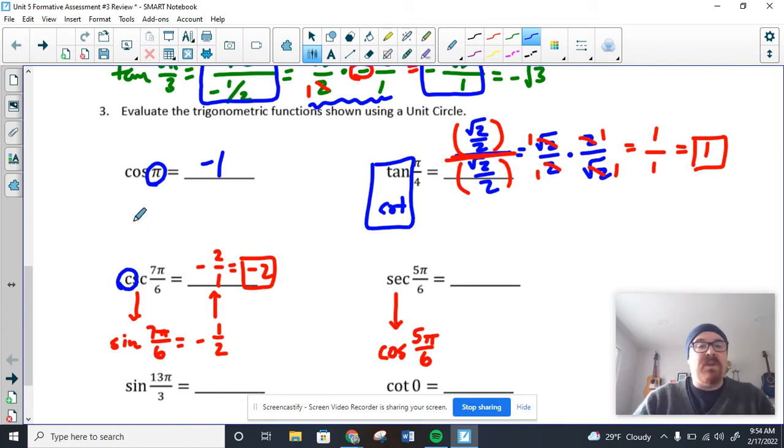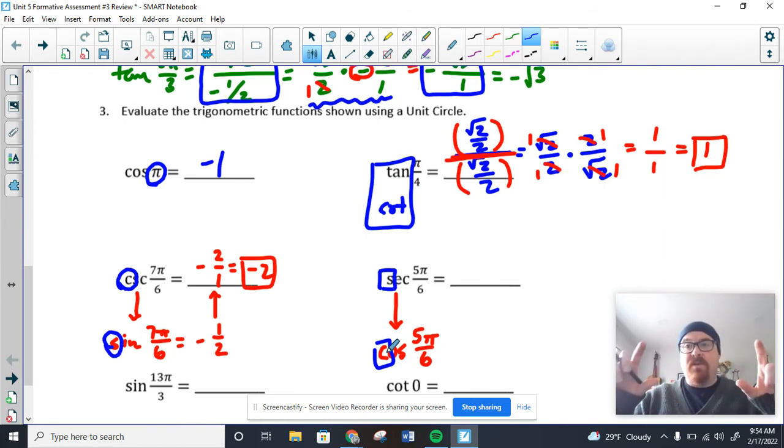But cosecant and cosine both start with a C and are not related in any way. Cosecant is related to sine, and the secant function, which starts with an S, is related to cosine. So the C and the S functions are related separately. C to S, C to S. That's always one way that I kept it straight in my own head.